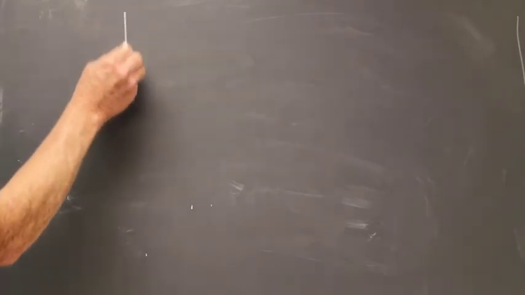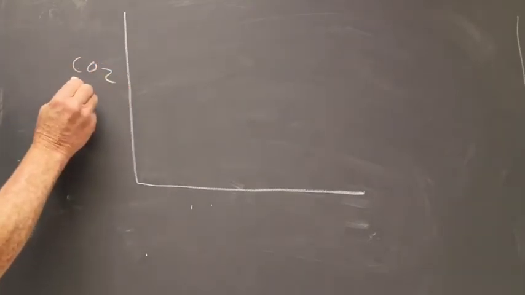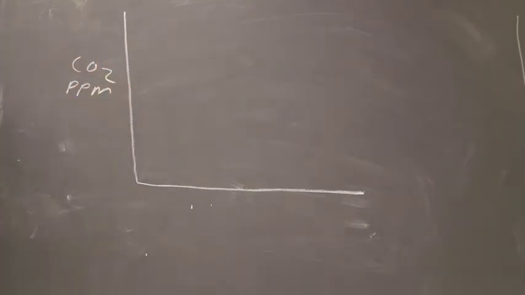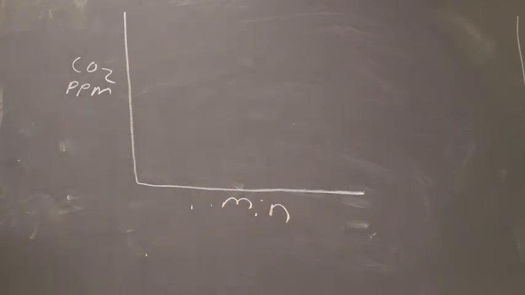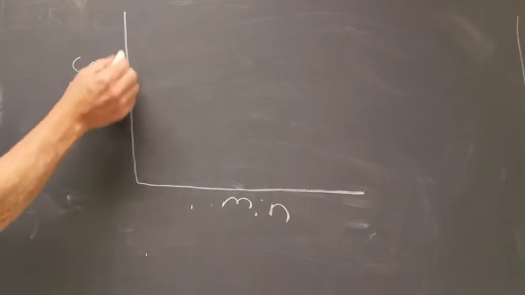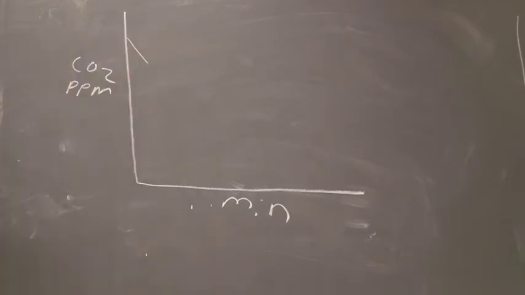Now in lab, you're going to be looking at a graph. That graph has CO2 in parts per million on the y-axis and minutes on the x-axis. Photosynthesis begins with higher CO2, and photosynthesis takes CO2 out of the chamber.